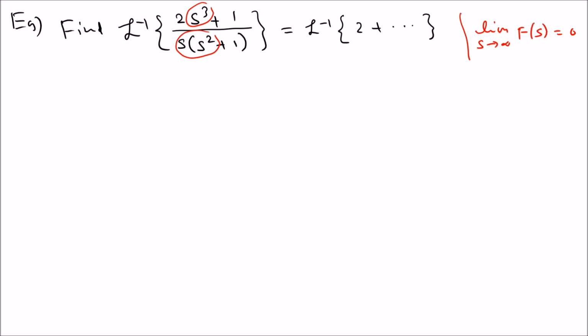So that means there is a problem now. It's not equal to 0. So the answer cannot be a piecewise continuous exponential order function, because if the original starting function is piecewise continuous and of exponential order, the limit has to be 0, but that's not the case. You get 2. So we need to talk about a different kind of function, something called the Dirac delta function.